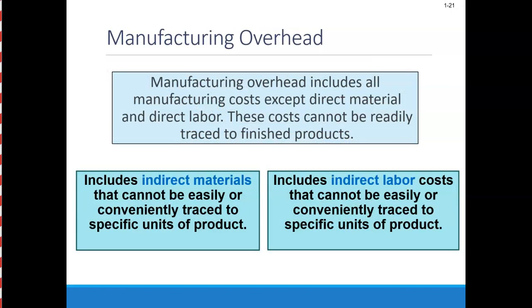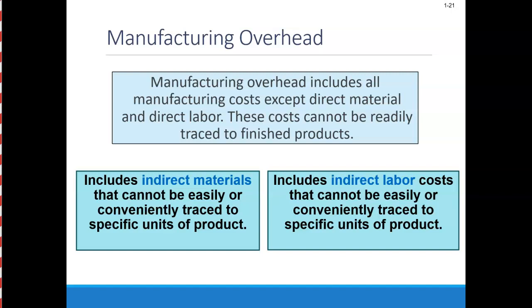It includes all manufacturing costs except direct materials and direct labor. These costs cannot be readily traced to a finished product. So it includes indirect materials and indirect labor.